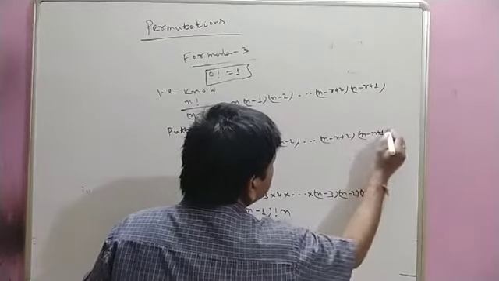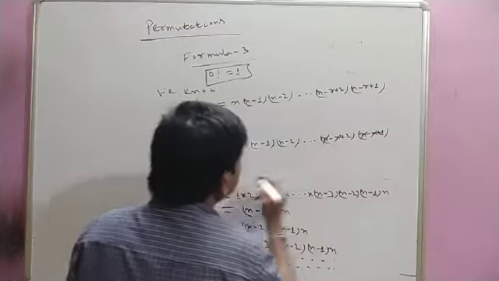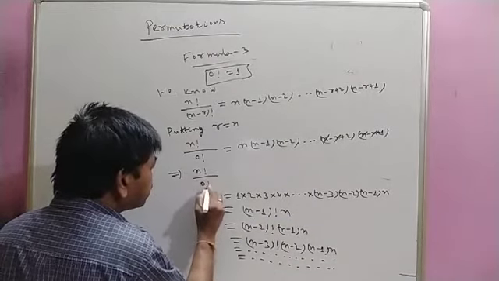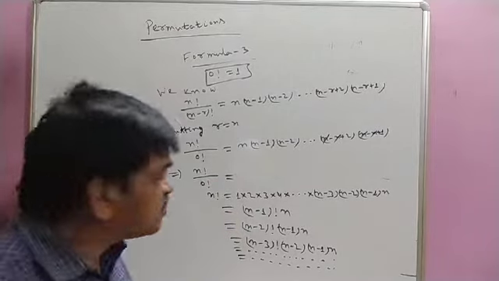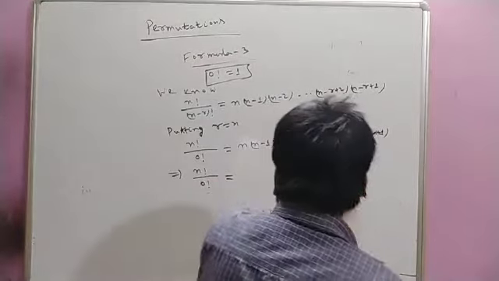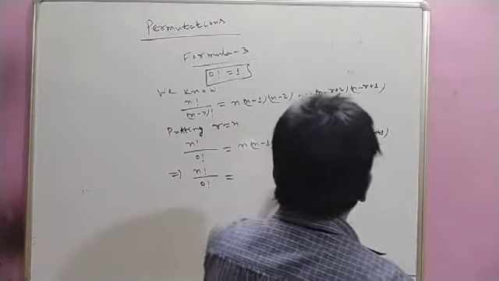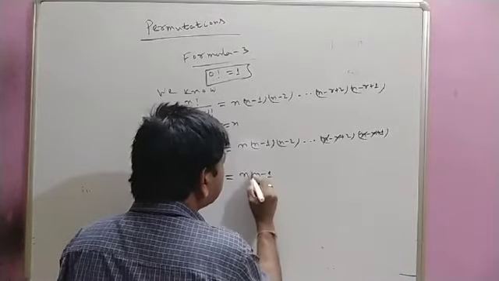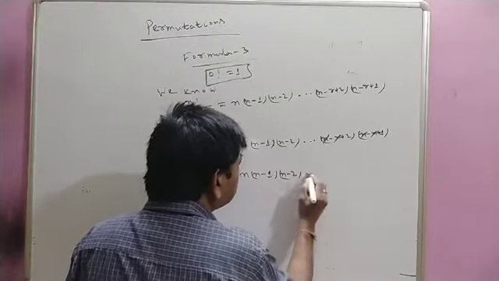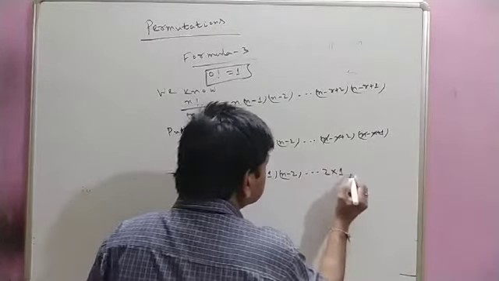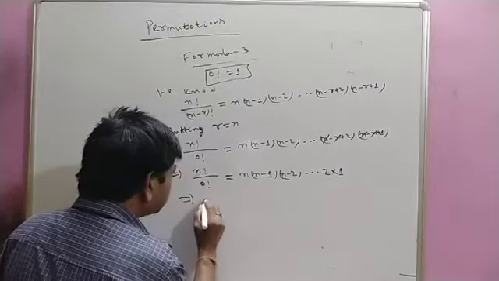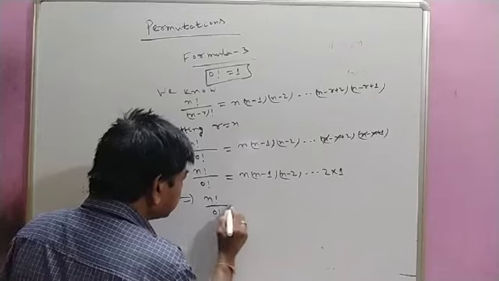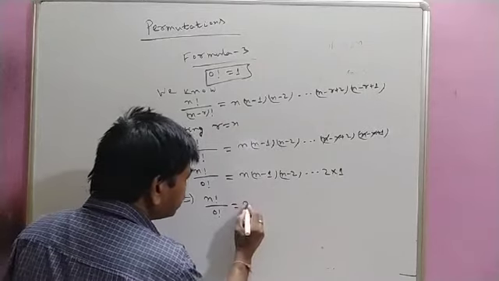Now this cancels. So this becomes n factorial divided by 0 factorial is equal to n into n minus 1 into n minus 2 up to 1, that is 1, 2, 3 up to n, which is n factorial.